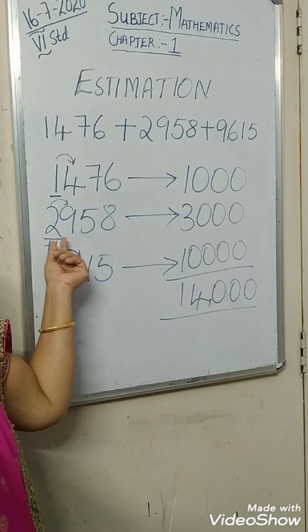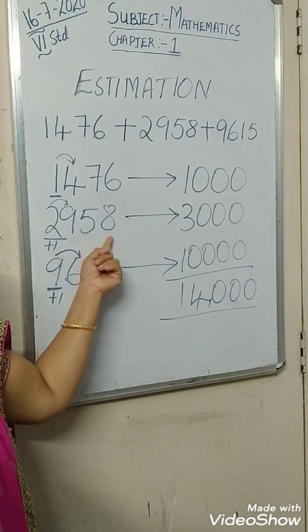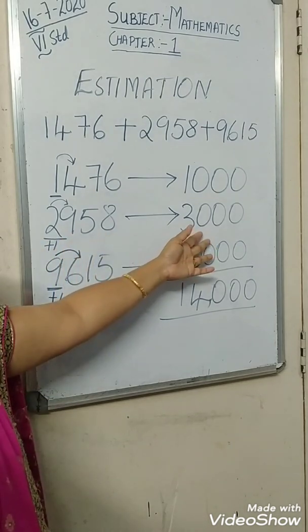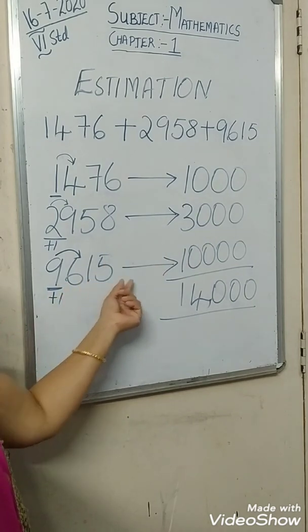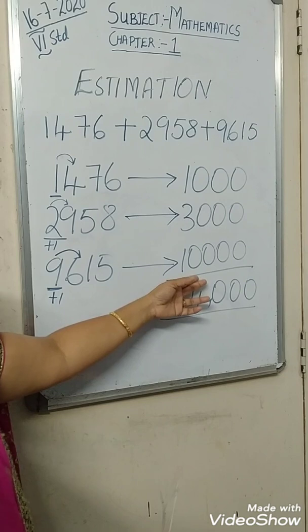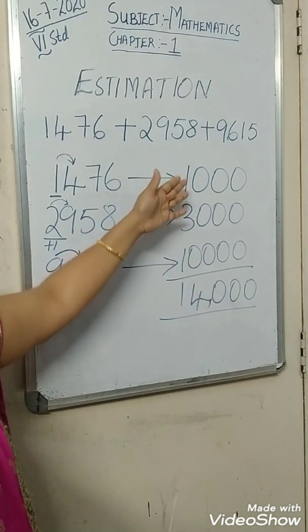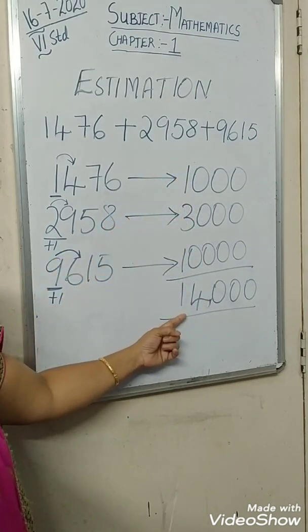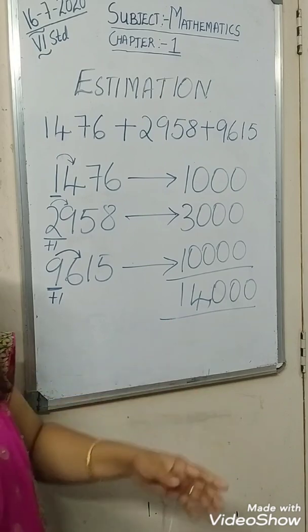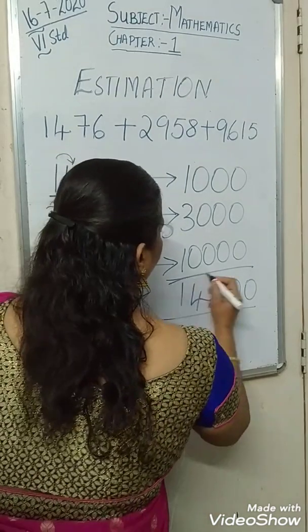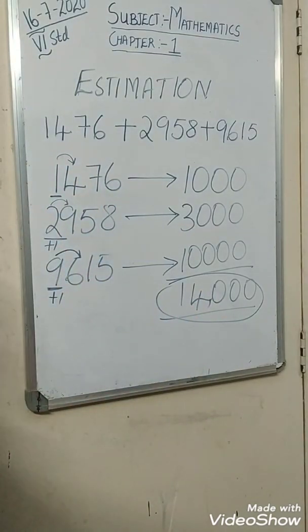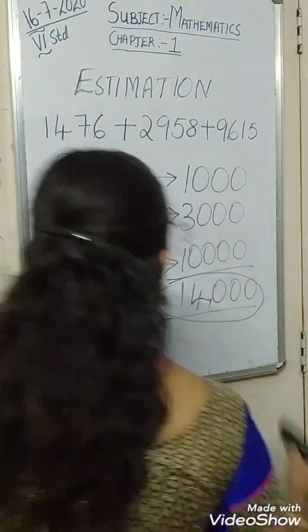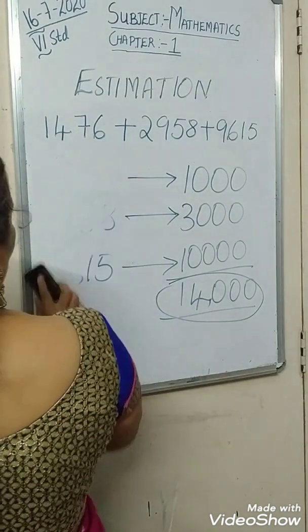Same way, the next number, 2958, is estimated to 3000, and 9615 is estimated to 10,000. Now, when we add all this, we get the estimated sum as 14,000. Did you understand? Now we'll see the example of subtraction.